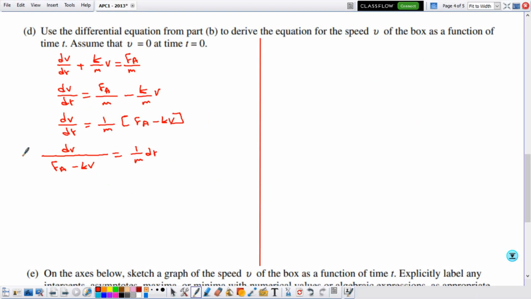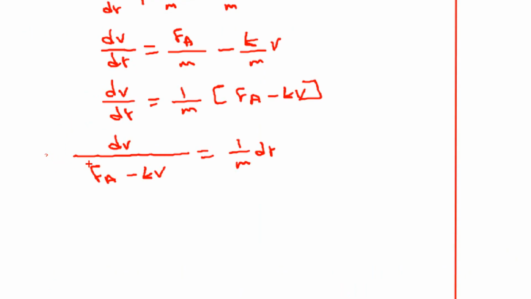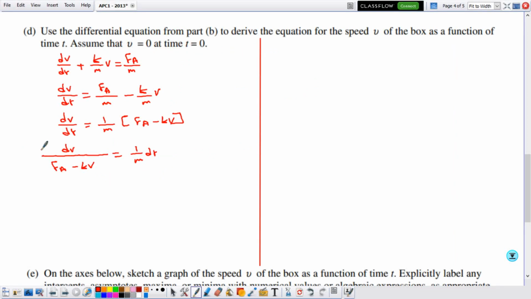Now we're ready to integrate on both sides, making sure that the left member completely depends on v and the right member completely depends on t. And our integral would be an indefinite integral, because later on we will handle the constant of integration c. Now that would be the integral of dv divided by Fa minus kv, which is equal to 1 over m.